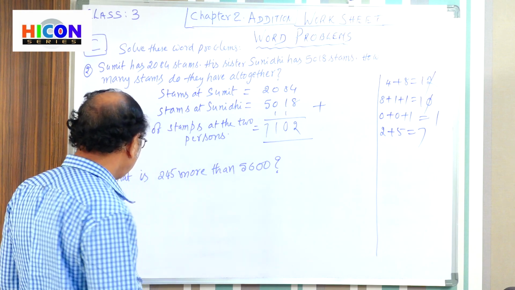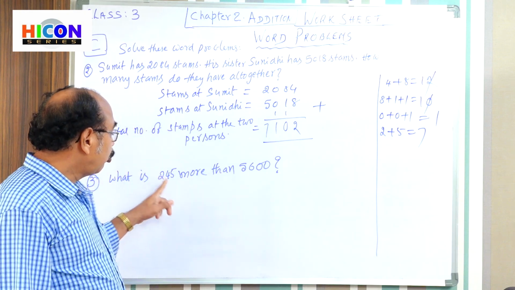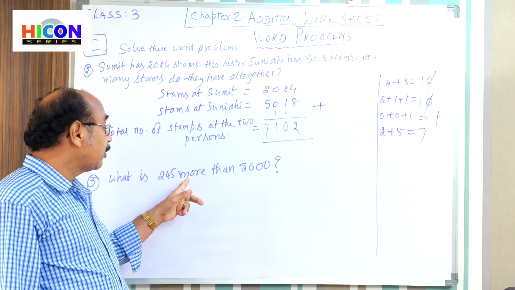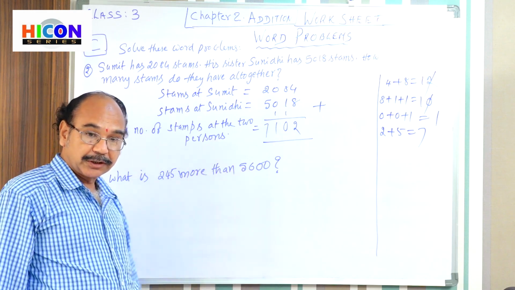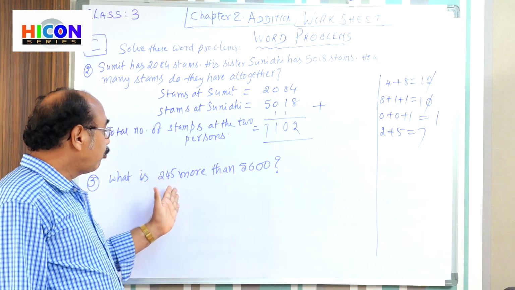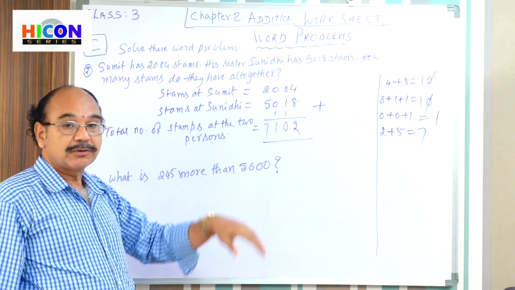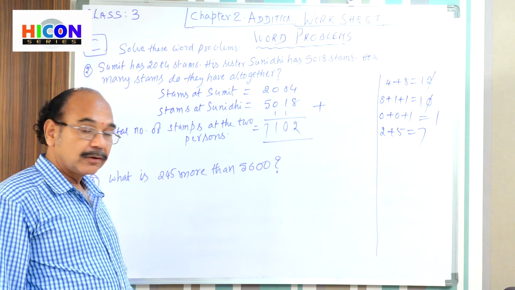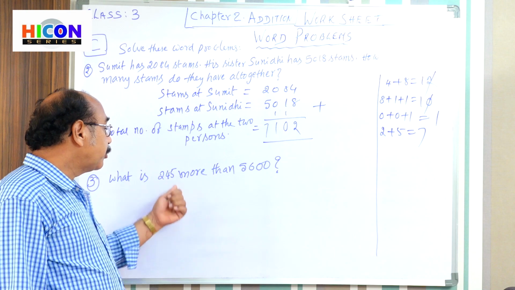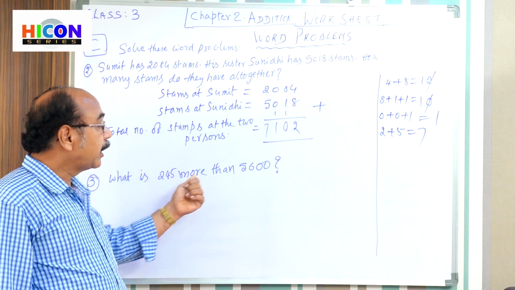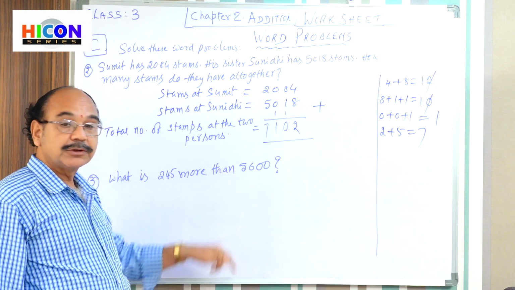Now, come to this question. Third question. What is 245 more than 5,600? How much more? 245 more than 5,600.